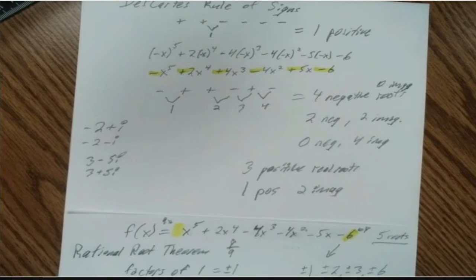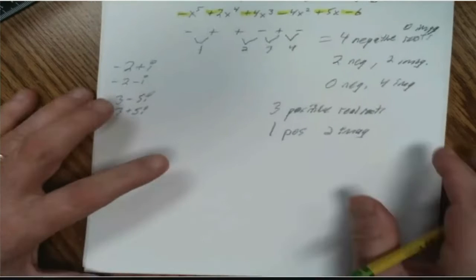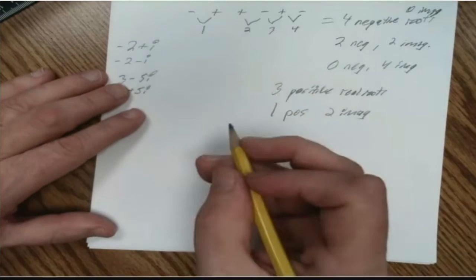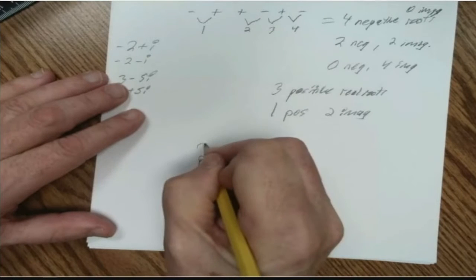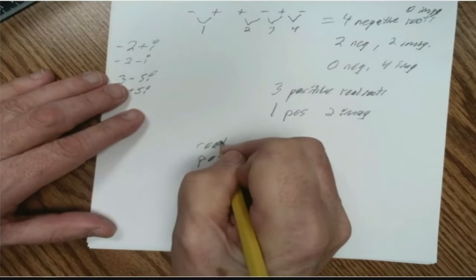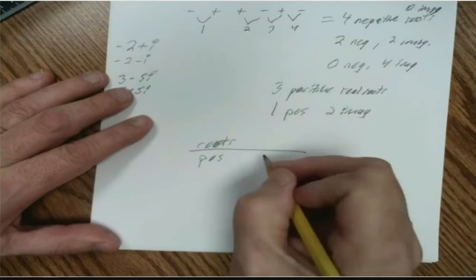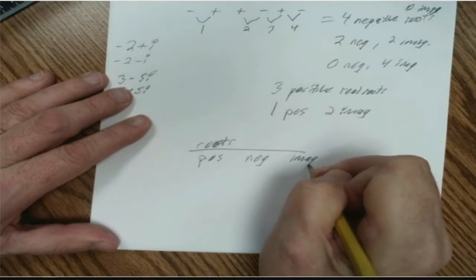If it's just asking you how many possible roots there are, and you don't have to actually find the roots, the answer is usually given as a table: roots, positive, negative, imaginary.